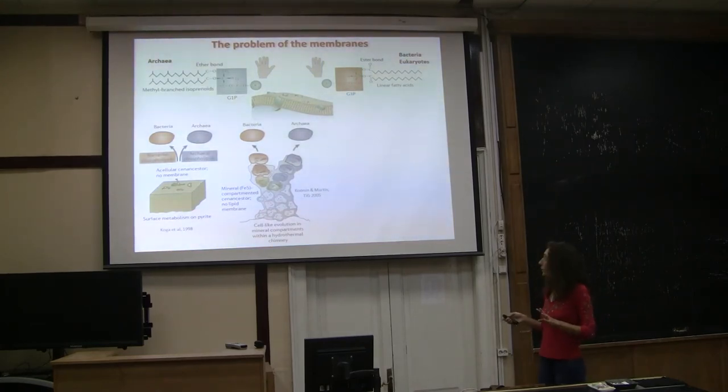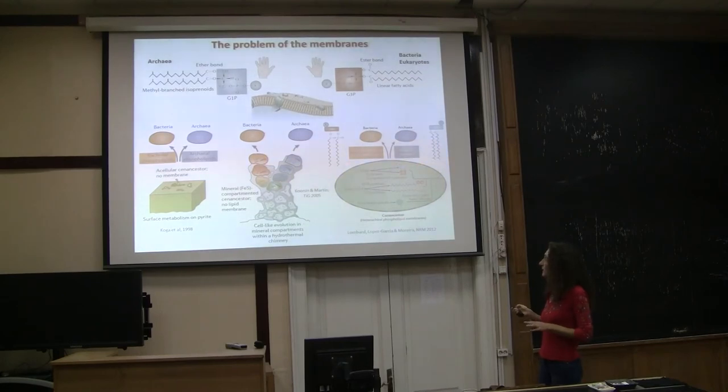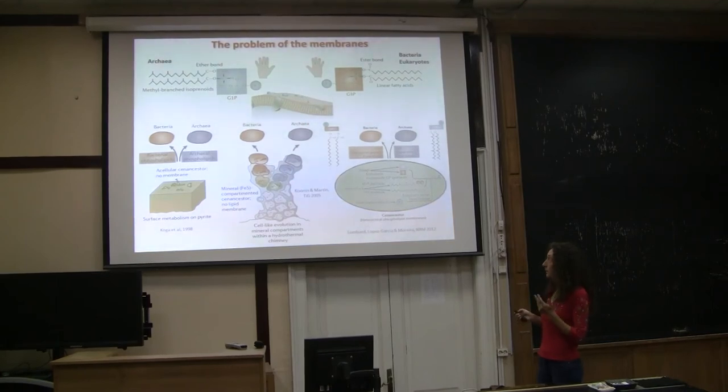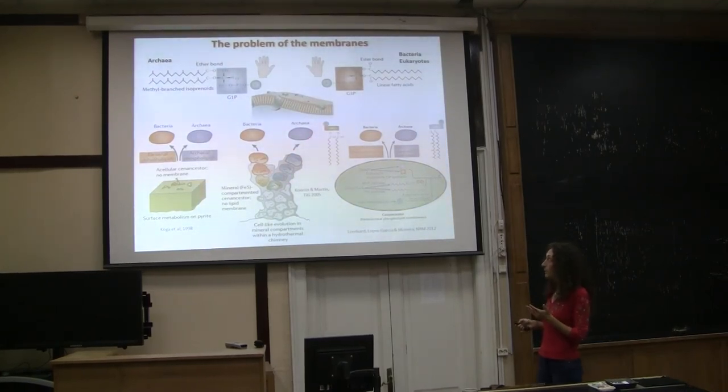We think that this is not the case, and that the last common ancestor was actually able to synthesize both types of phospholipids. But the point here is just to insist that the two types of lipids are so different that people like Bill Martin, one of the proponents of the hydrogen hypothesis, proposed that lipids were invented independently for these two lineages.